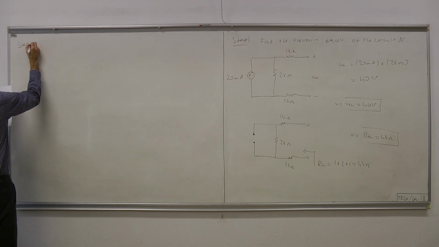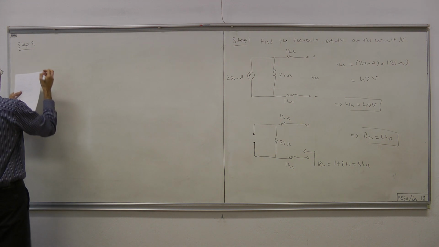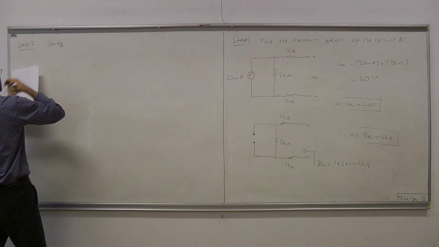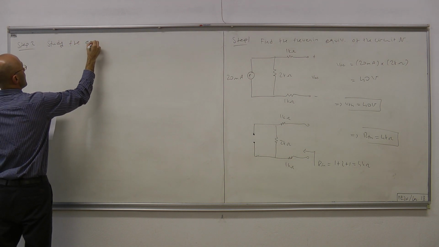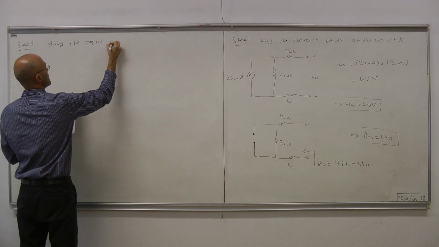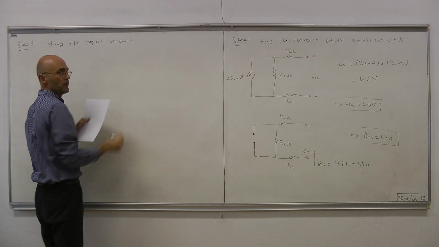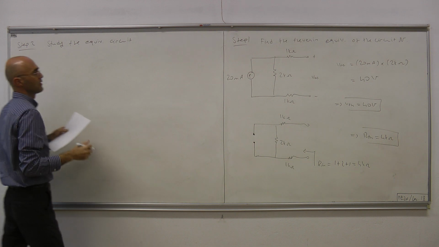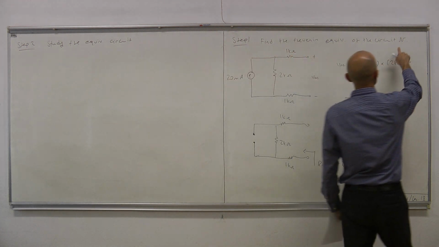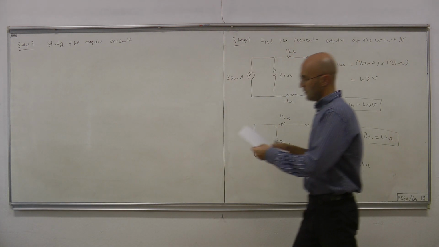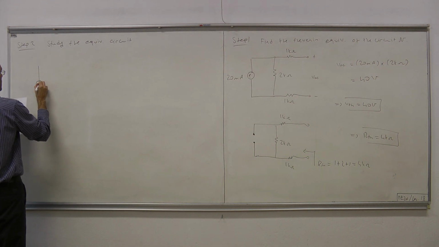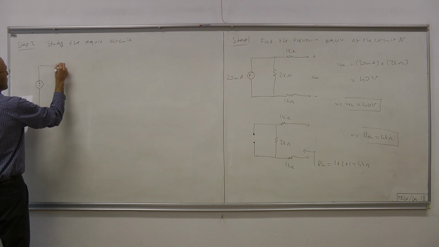So now, in the next step, we study the equivalent circuit after the simplification. The part of the circuit that we call N can now be represented by its Thevenin equivalent, which we figured out to be the following.